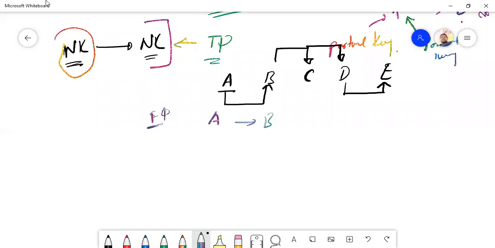But now we are just talking about the transitive dependency. Transitive dependency, one non key depends on another non key. If you see this case, then simply we can say that is the transitive dependency. Now you can see B and C, in this case B and C.